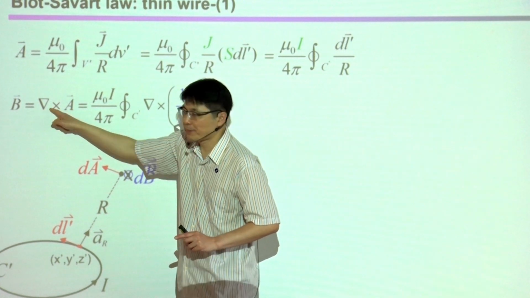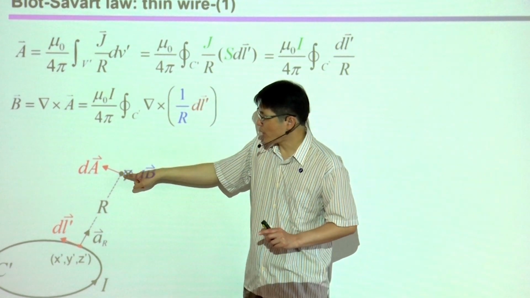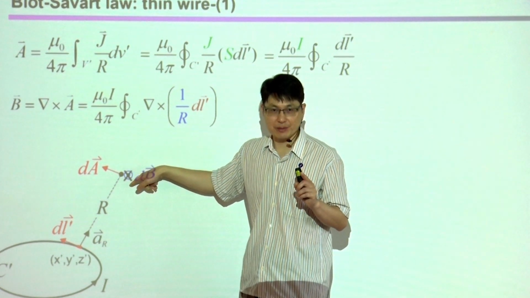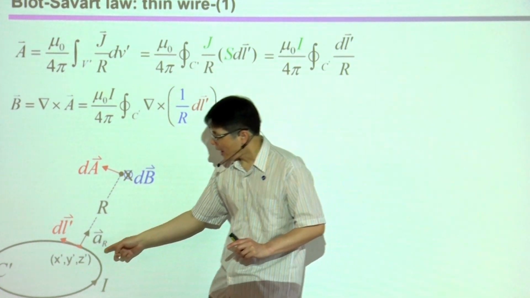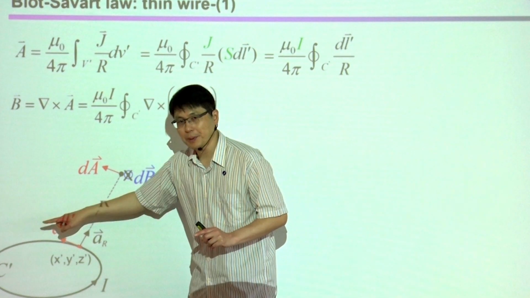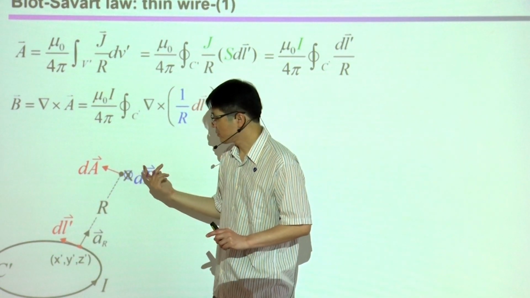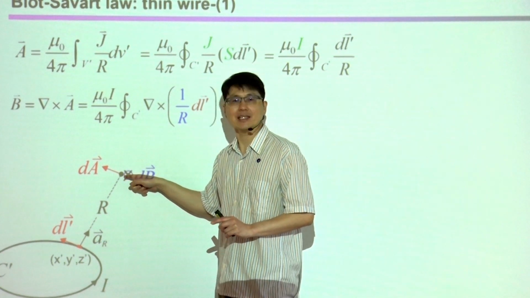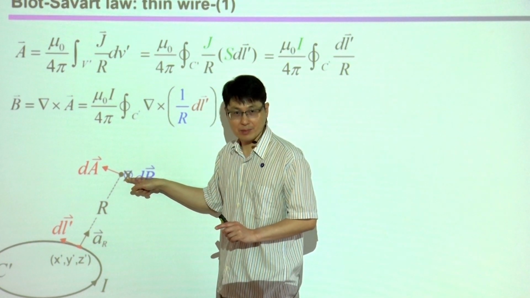But this curl operation is trying to perform the curl at the observation location, which means I have a current conducting loop which sets up some vector magnetic potential A at my observation point. Right?